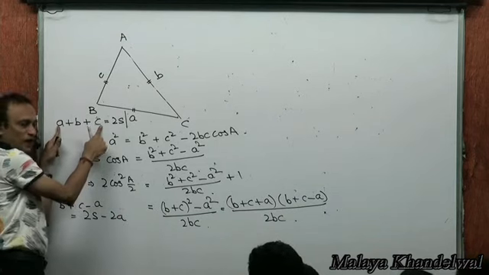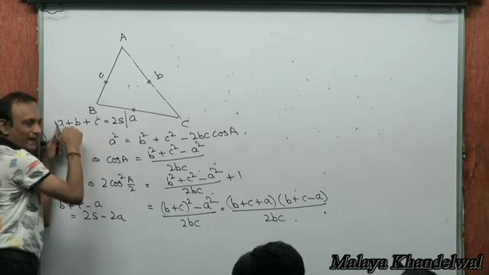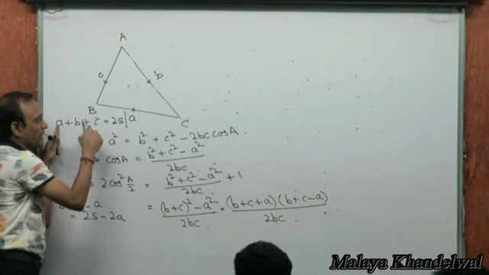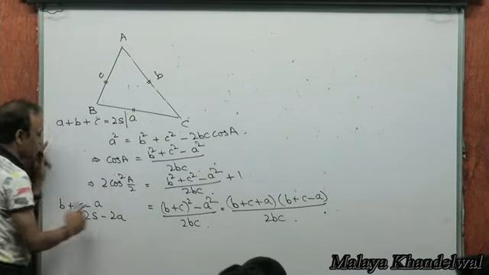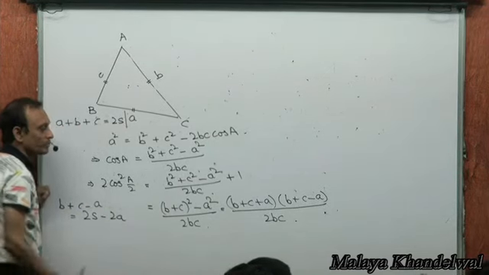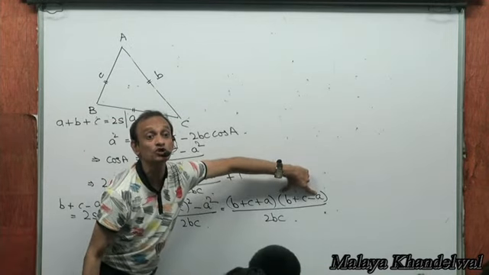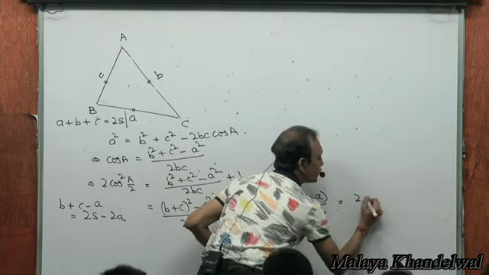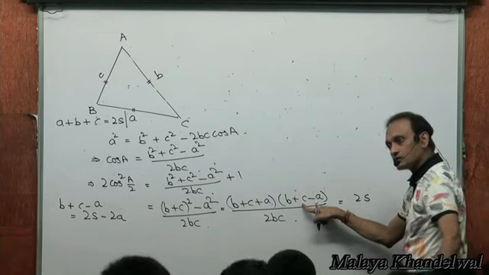If from 2s you subtract 2a, you will get b plus c minus a, isn't it? So 2s minus 2a is b plus c minus a, right? So this is 2s and this is 2s minus 2a.